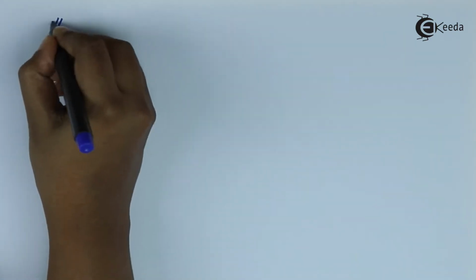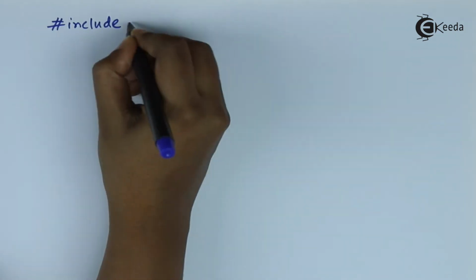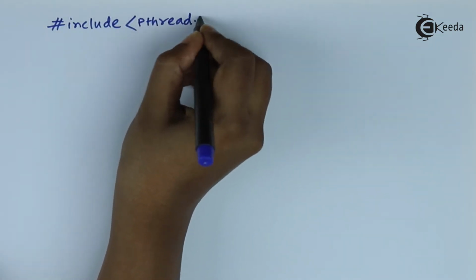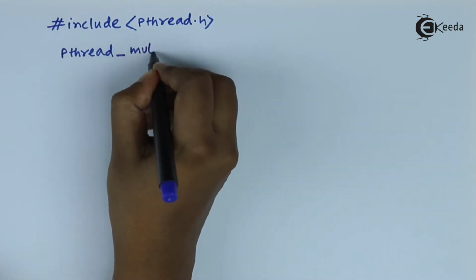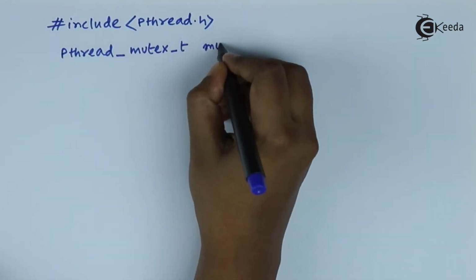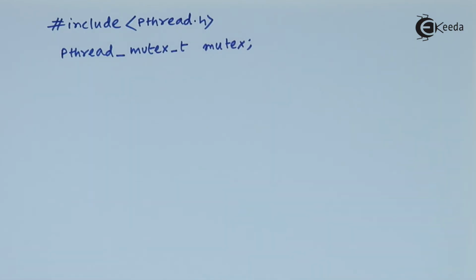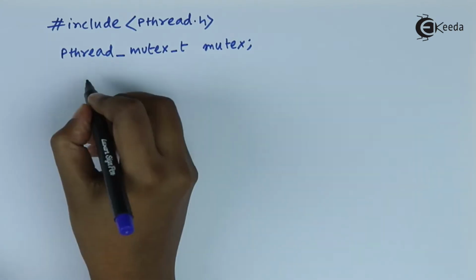Now we will see the basic structure of the pthread_mutex_init function. First, we are declaring a variable mutex of data type pthread_mutex_t.